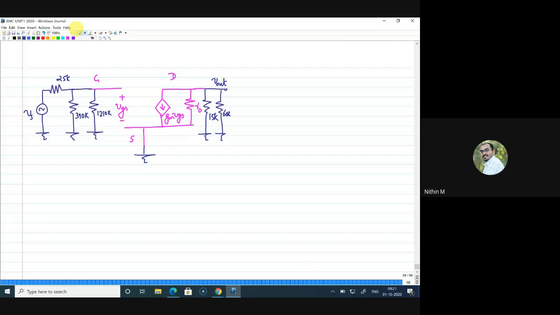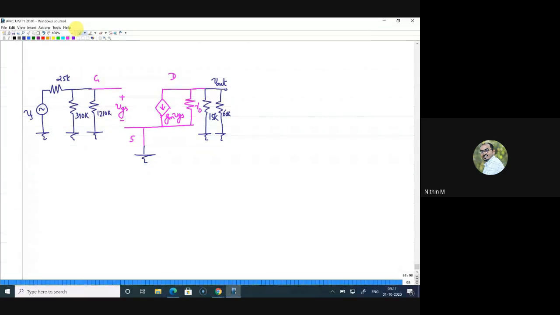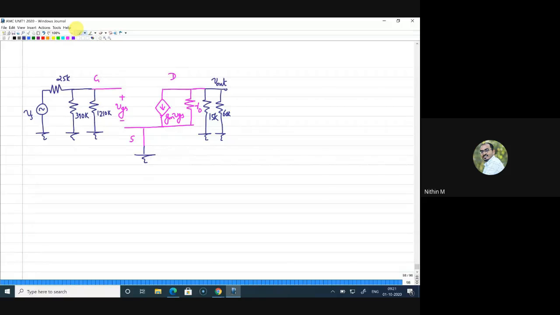So this is the equivalent circuit now. I hope this is clear for you guys. If you have doubt in any of the components I have drawn in the equivalent circuit, you can ask now. Otherwise, I will proceed with the calculations. All right. If you have doubts, then I can consider that at the end.